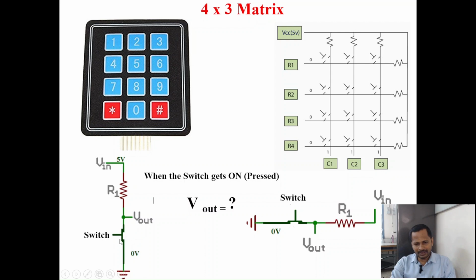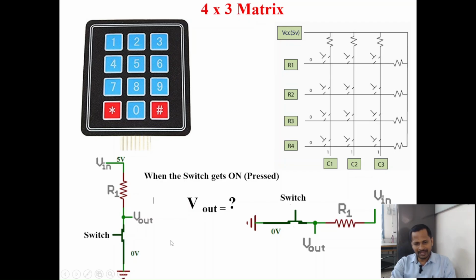Now let us see what will happen if I press this switch. If I press this switch, it is going to have 0 resistance here. Zero resistance means it is going to be a short circuit. If it is a short circuit, your ground is going to dominate over this supply voltage. So what will happen to the output voltage? Can you guess?